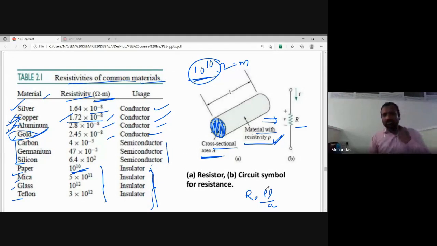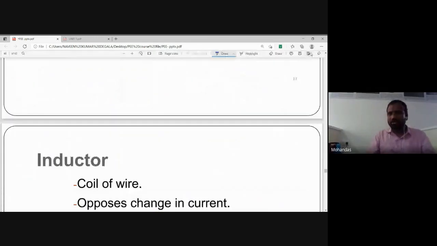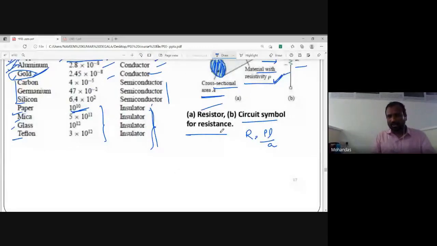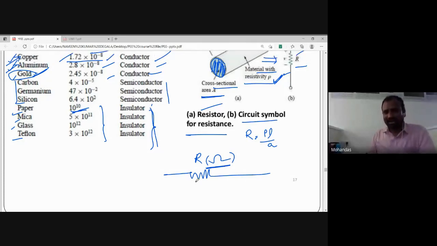Okay, so this is the symbolic representation of a resistance, and this is a resistor. So with this we finished the resistance also. It is measured in ohm. It is a property of material which opposes the flow of electrons.